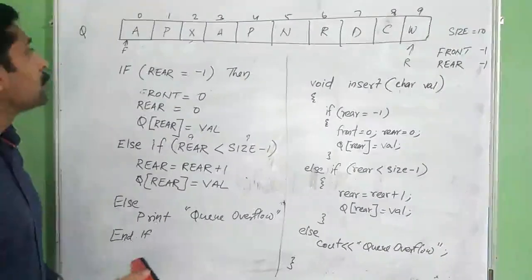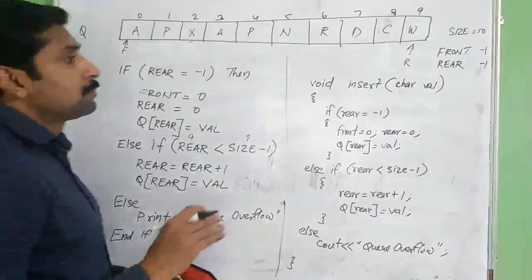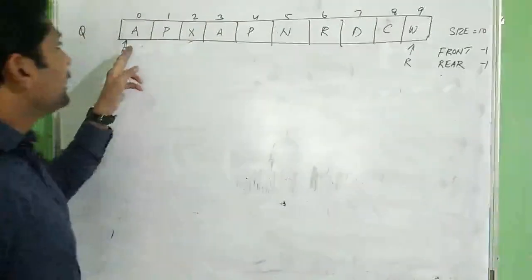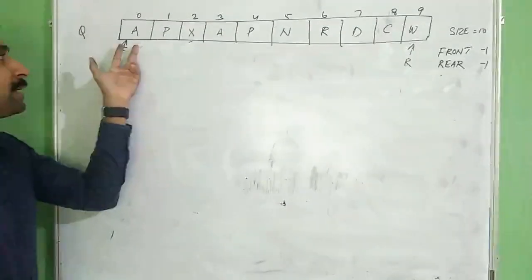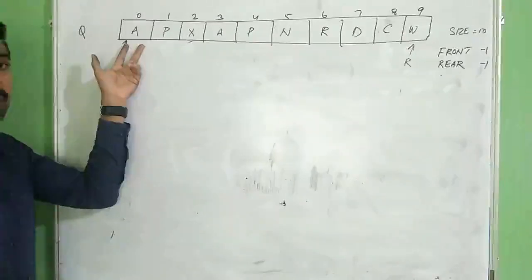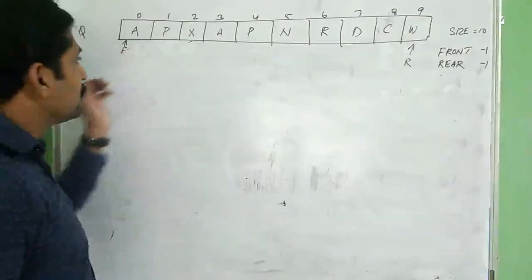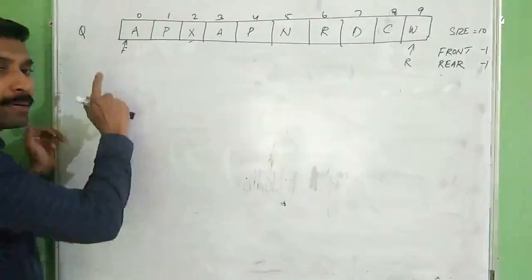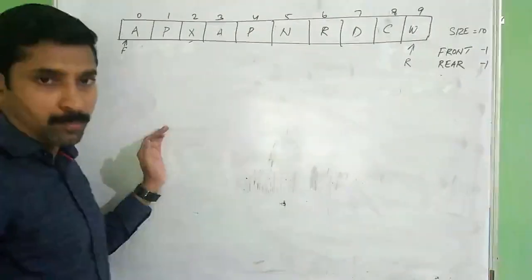Now we are going to perform the delete operation. Delete operation, the deletion will be taking place from the front end. So if the front is greater than -1, it means there is an item in the queue.